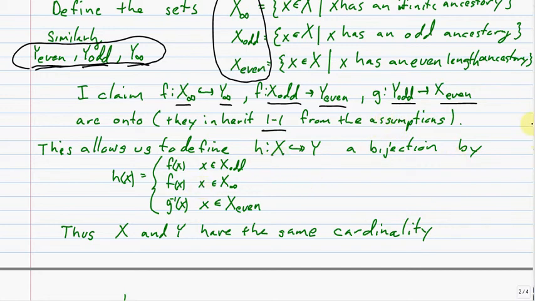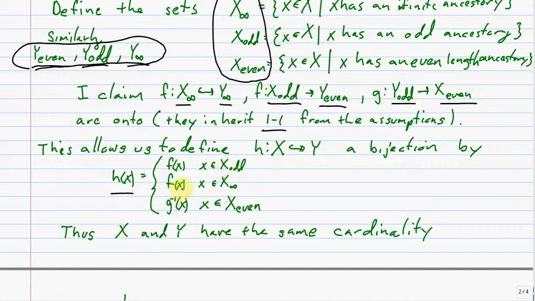And this allows us to define a bijection. Our bijection is defined in the following way. I'm going to call our bijection H. This is a bijection between X and Y. And here's how H of x will work. We'll use f of x whenever we have an element of X odd.